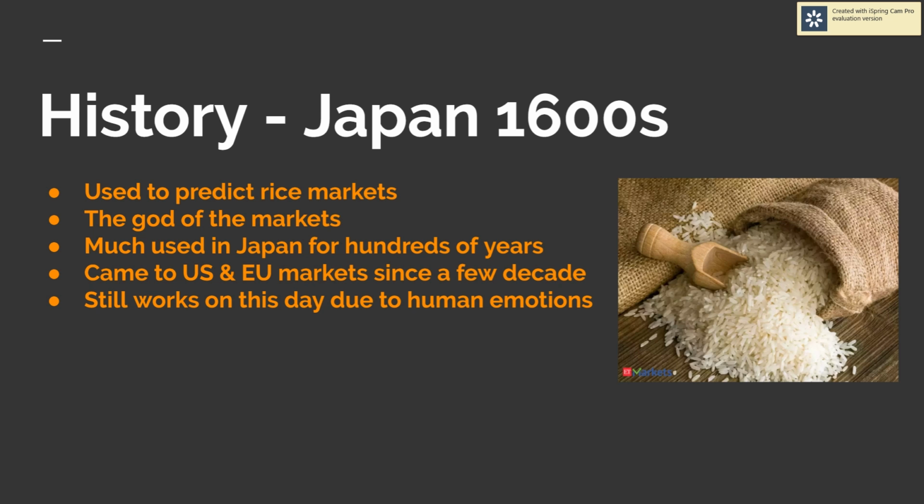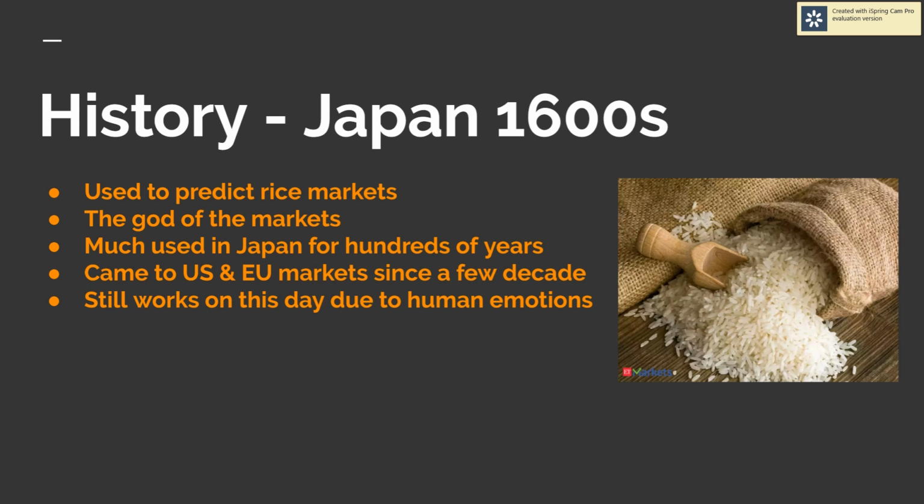A lot of people started using it in Japan, and so it was used in Japan for hundreds of years. It only came to the US and Europe a few decades ago. So actually not that long, if you think about it, that it already exists for over 400 years.